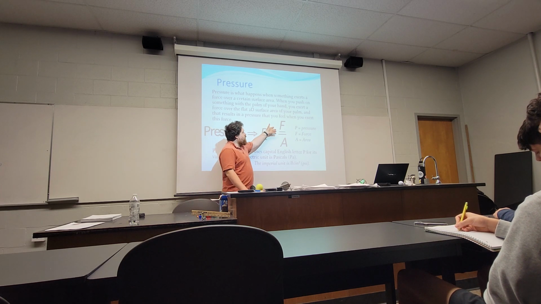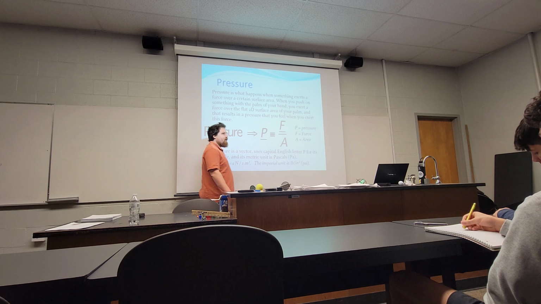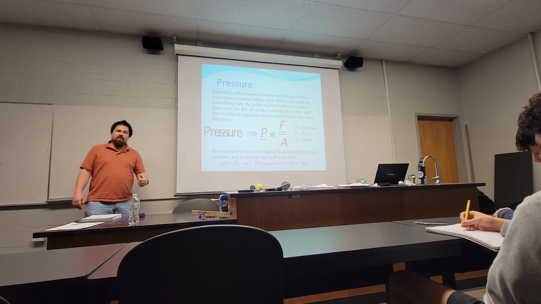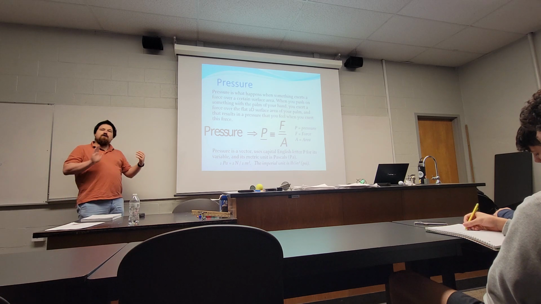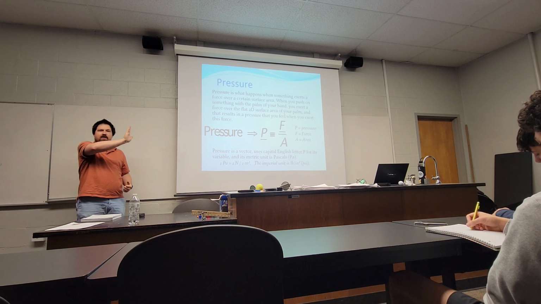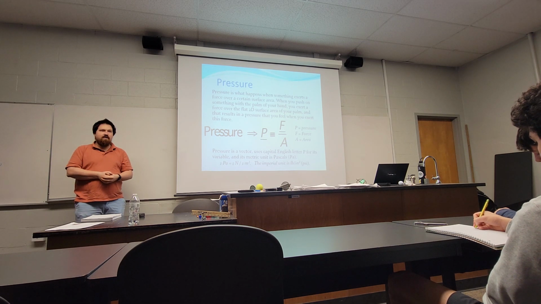Because if you push on something, it pushes back. It's going to exert force back over the same area of your palm. So not only do you exert force on things, and therefore those things exert forces back, you exert pressure on things, and it will in turn exert pressure back. So kind of discussing Newton's third law still as well.